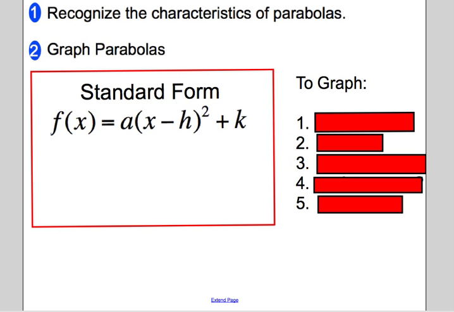Now, we want to work with our quadratics in standard form, and I showed you on the board what standard form is. Oftentimes you'll hear it called graphing form as well. Just to review a little bit, hopefully you remember that the A value is going to be our stretch or our compression.